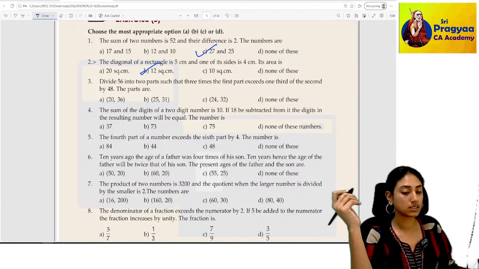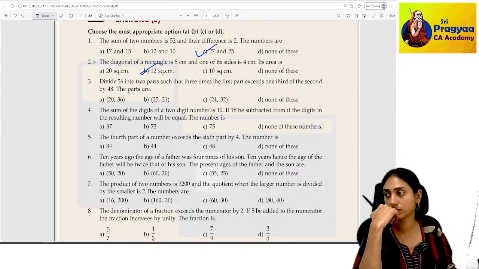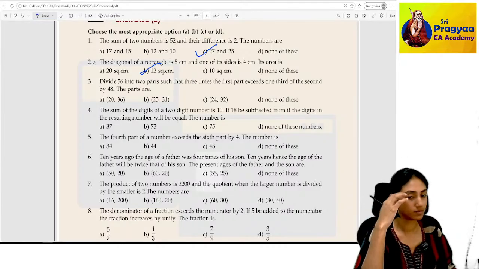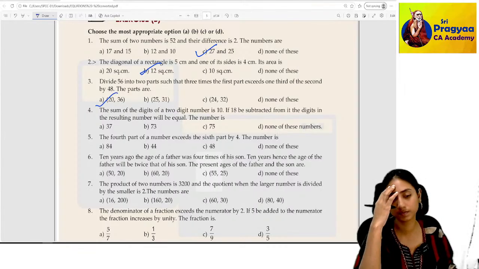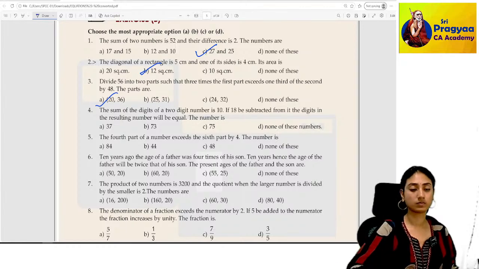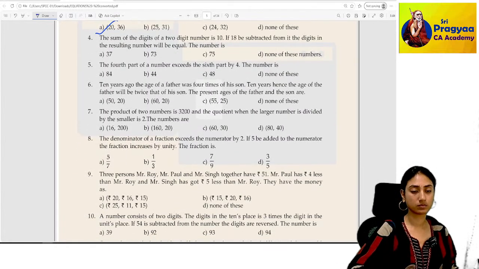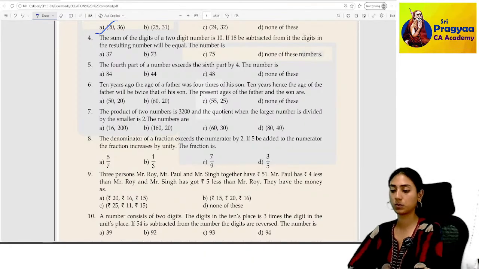Yes, right. Yeah, correct. 20, 36. Let me know how many questions you guys have finished. Discuss the answers till then and after that do this.